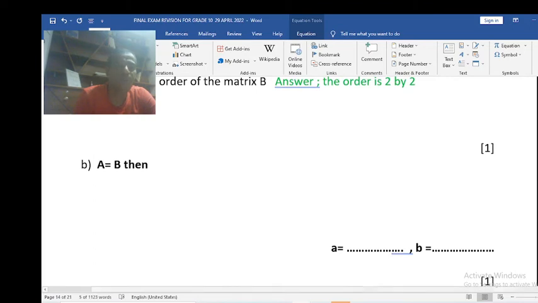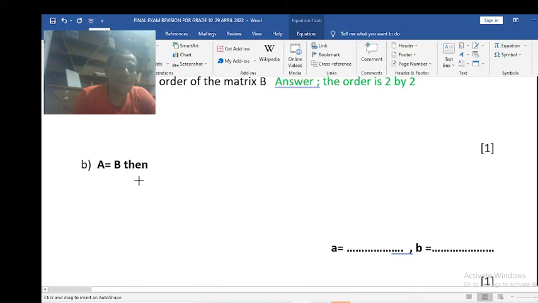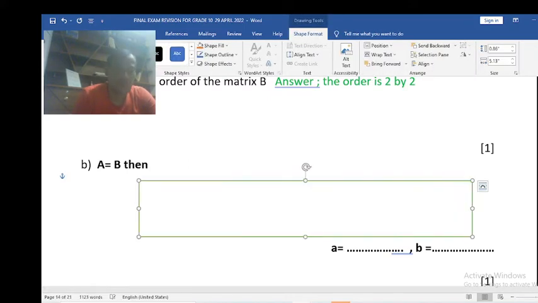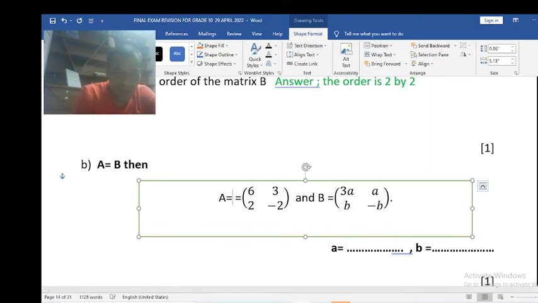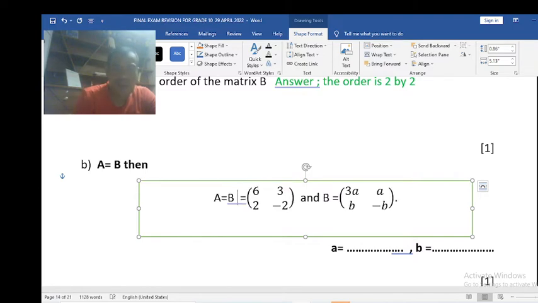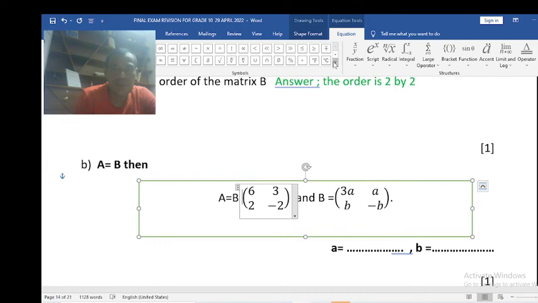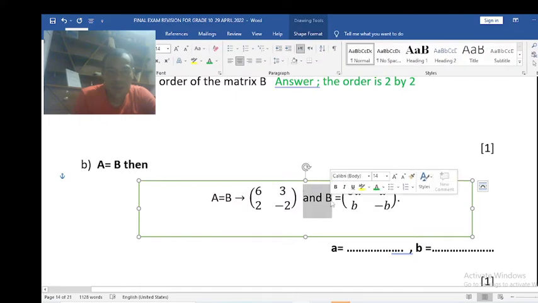If A equals B, that means the corresponding entries of this matrix and that matrix are equal.